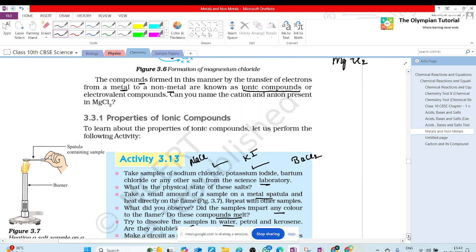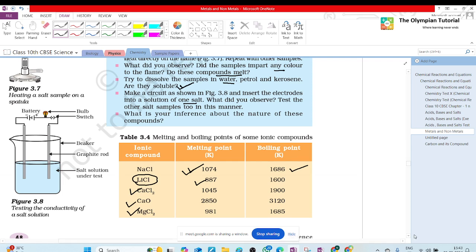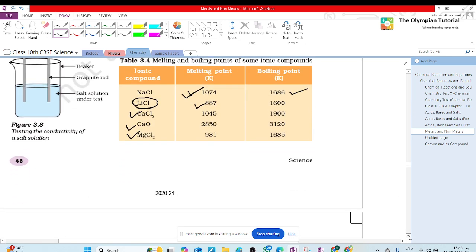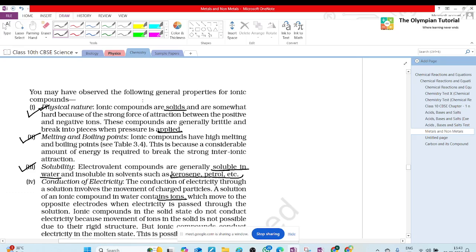What are the properties of ionic compounds? They have high melting and high boiling points. Why? Because they are formed by ions, with a strong force of attraction, solid in nature, hard.